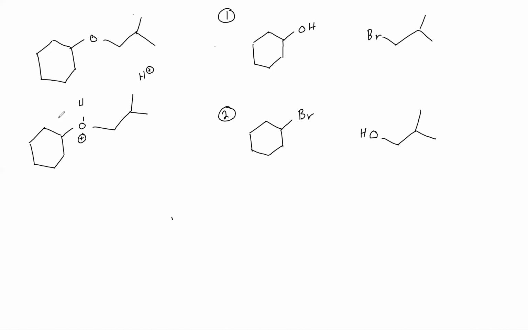We end up with this. Obviously, this side is going to be more substituted. So we are going to lose the oxygen from that side, and we end up with our carbocation plus our alcohol over here. And so then we can see, obviously, this is going to go with the second route. And if we use the base, then we'll do the exact opposite.